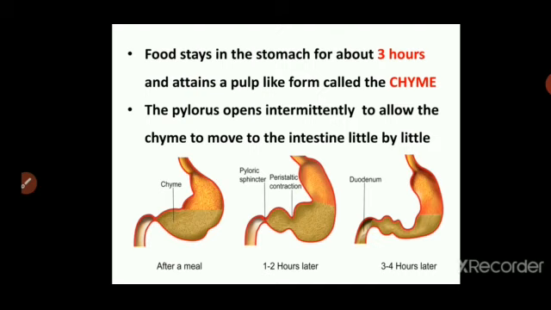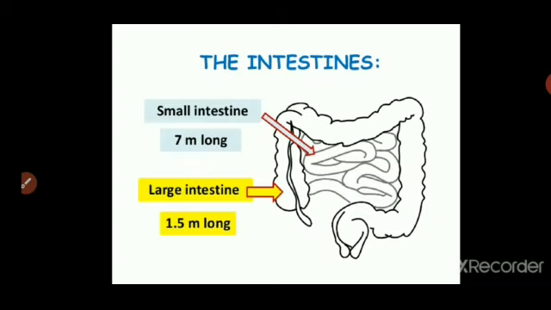After 3 to 4 hours, the major portion of the food is emptied. And that is the reason they say that we are not supposed to have meals in between. Keep a gap of 3 to 4 hours after every meal so that the stomach gets proper time to digest the food, or else we start facing indigestion problems.